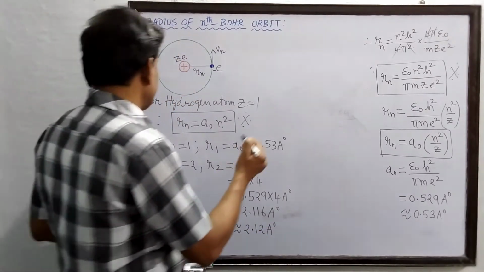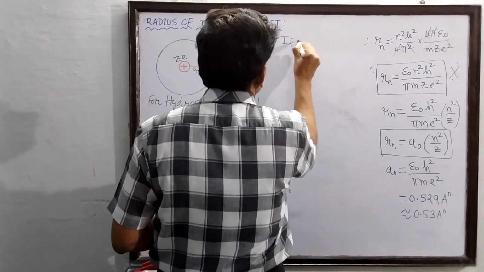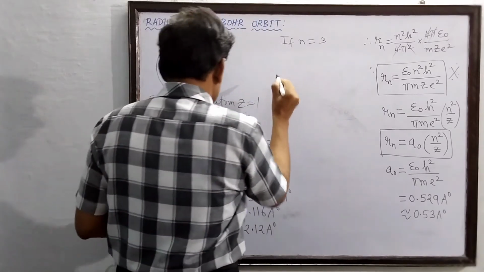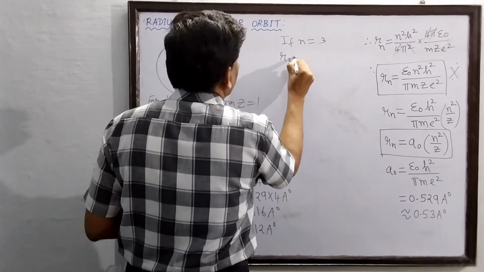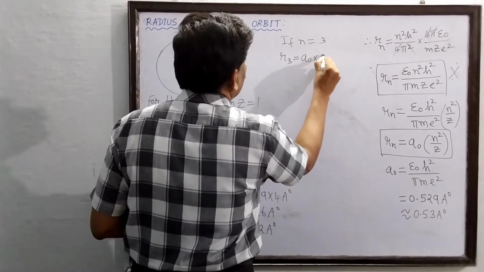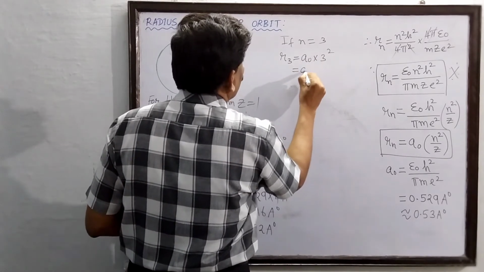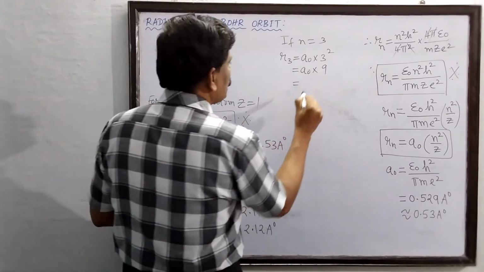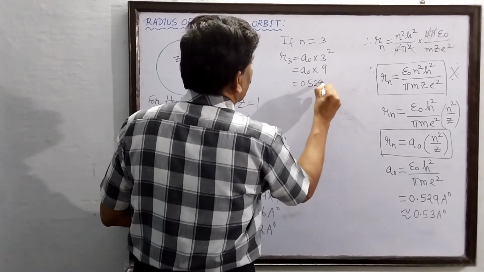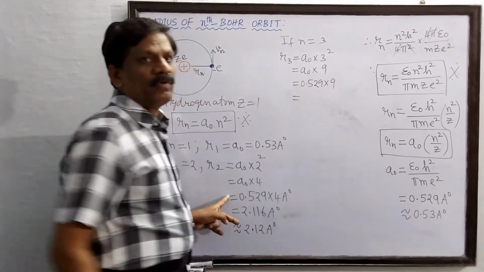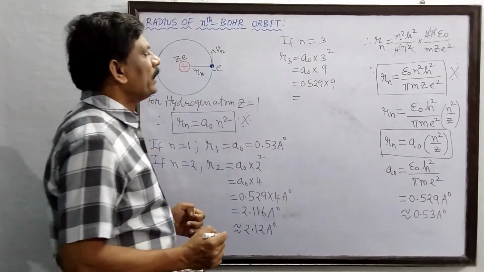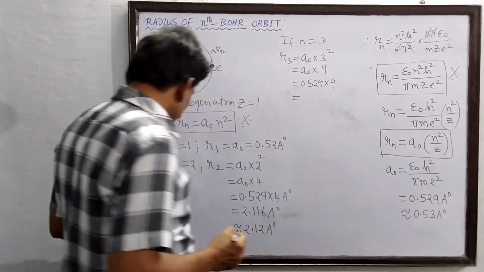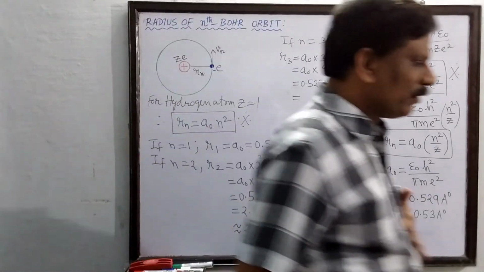Next, I will take n is equal to 3. If n is equal to 3, then what is the radius? R3, the radius of the third orbit, is equal to a naught into 3 square, that is a naught into 9. So this is 0.529 into 9. If you multiply this, I will calculate and tell you now using the calculator.